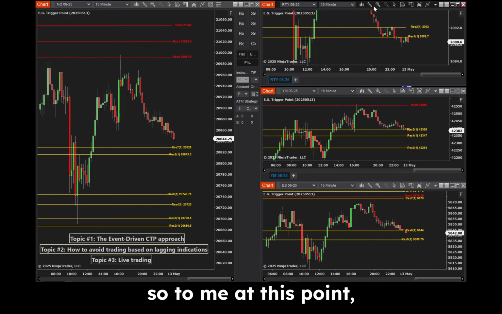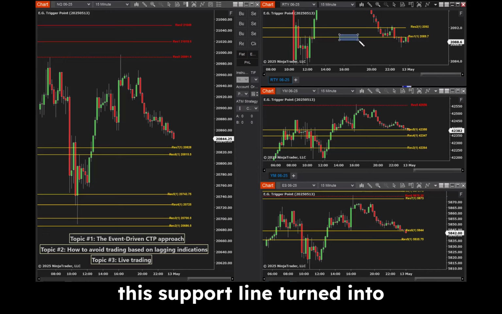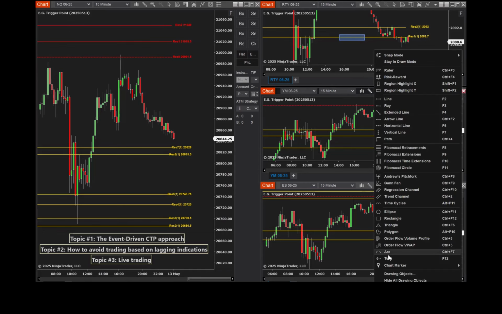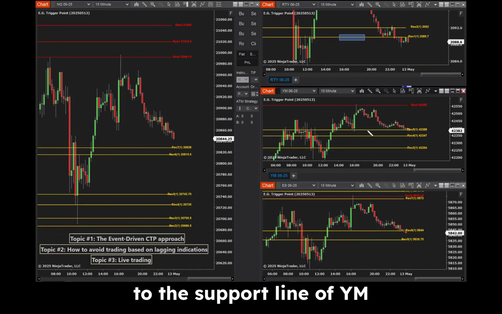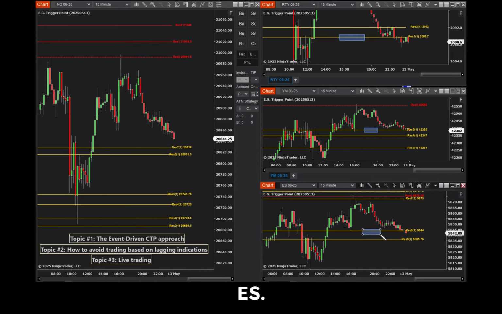So to me, at this point, this support line turned into resistance, is the equivalent line to this support line of YM and this support line of ES.